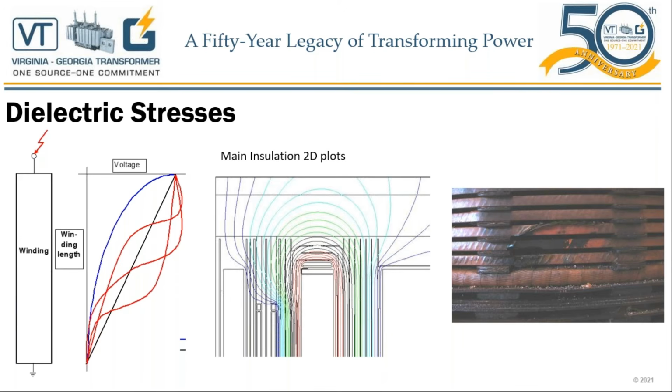So it's our responsibility as design engineers, using the most sophisticated software that we have, to plot these dielectric stresses. Going from left to right, on the left you can see a lightning hit on the top of the winding with the bottom grounded, which is actually how we do the lightning impulse test. The voltage distribution varies depending on the winding.